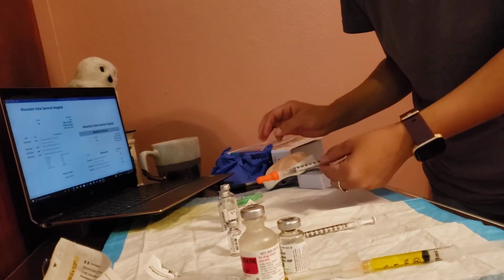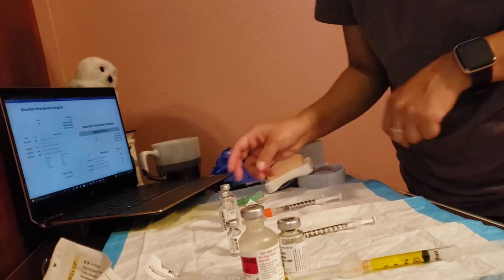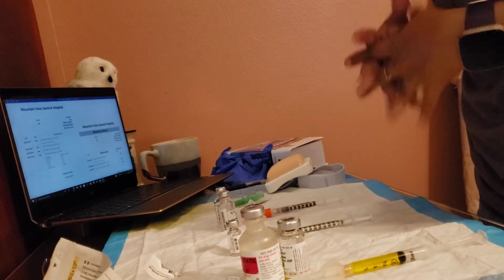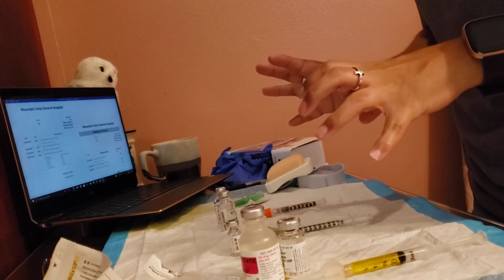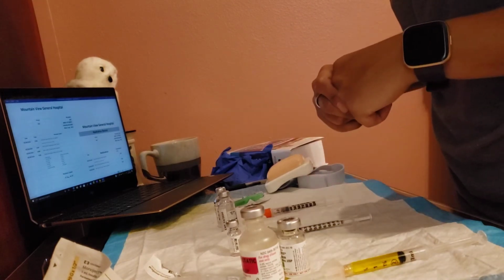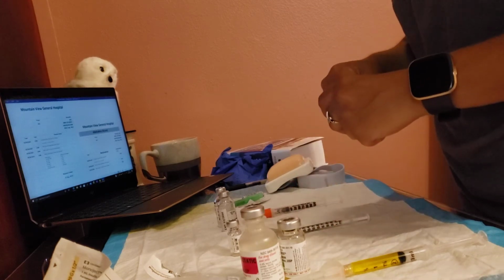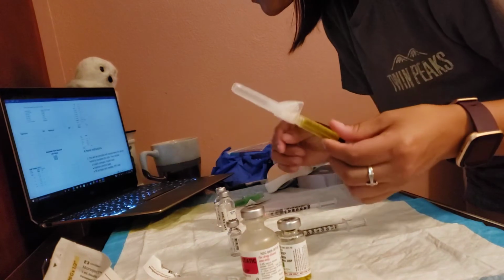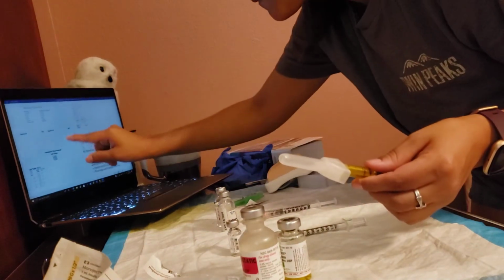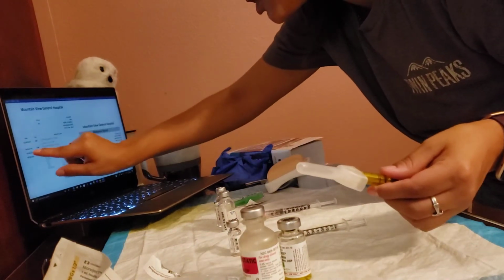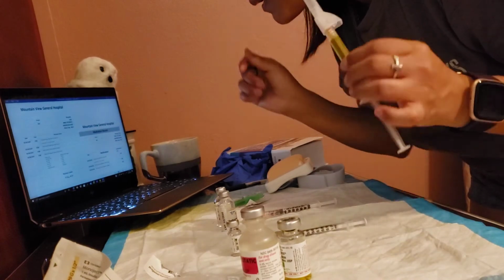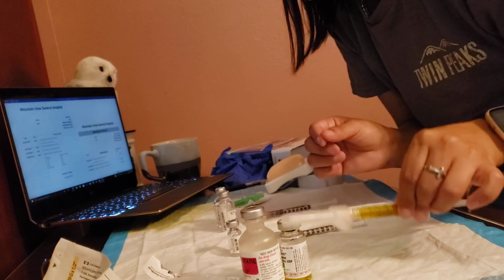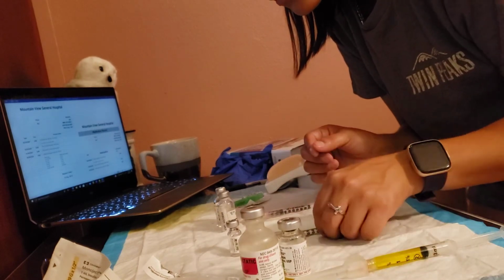All right. And so I am going to leave that there, and I'm going to check again and make sure that I got the right dosage. So I drew my 2.5 ml of reconstituted sterile water into my ceftriaxone, and I pulled my 2.5, so that's ready, of my 1 gram.